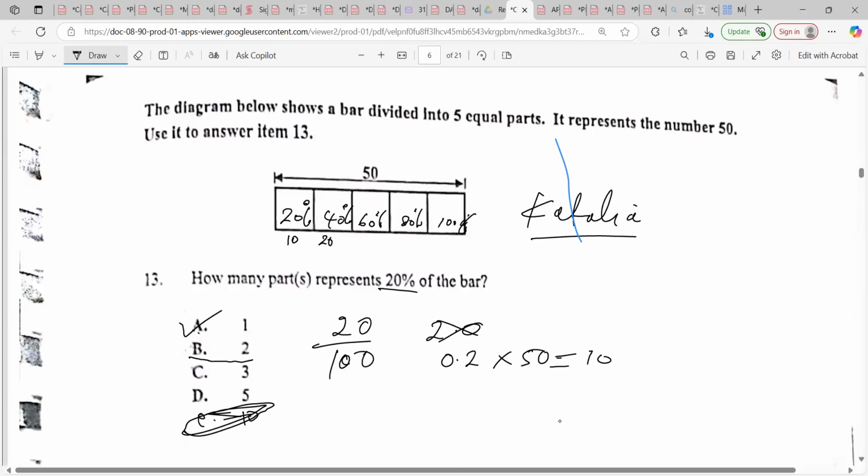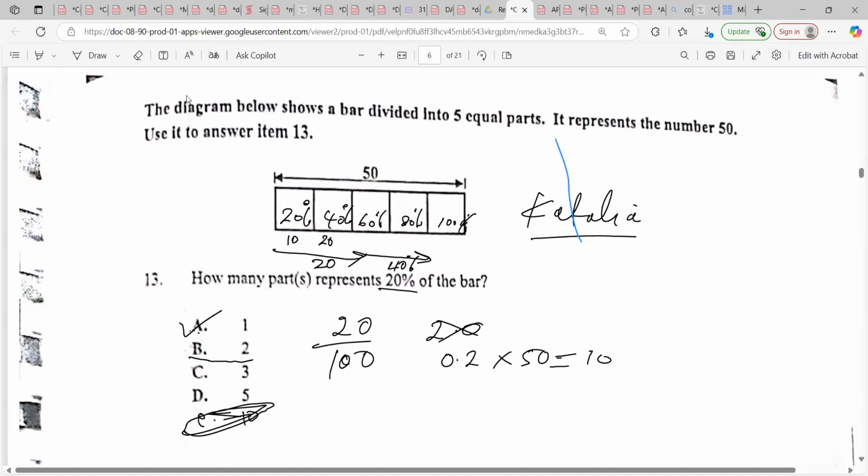If you had used 2 to represent 20, we're going to fall into a little problem because you would say 1, 2, that's 20%. Remember the whole must be 100, so you couldn't get 100 out of it. So Ethan, if you had chosen 1, that would be correct. You see why it couldn't be 2, guys? It says it represents 50.